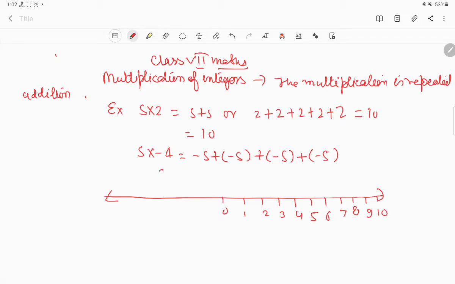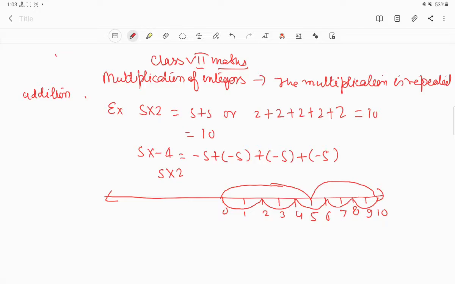When you represent 5 into 2, you take 5 two times. This is the 5, and then 5, the result is 10. Or you take 2 five times: 1, 2, 3, 4, and 5. This way we can represent multiplication on the number line also.